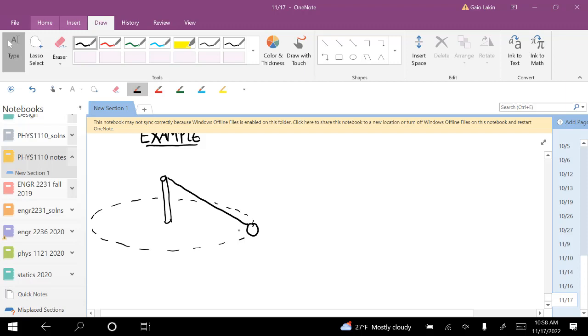And the angle that this thing makes with the horizontal, I'm just going to represent that on the picture as theta. And the length of the cable is 2 meters. And the mass of the ball or the object is 1 kilogram.